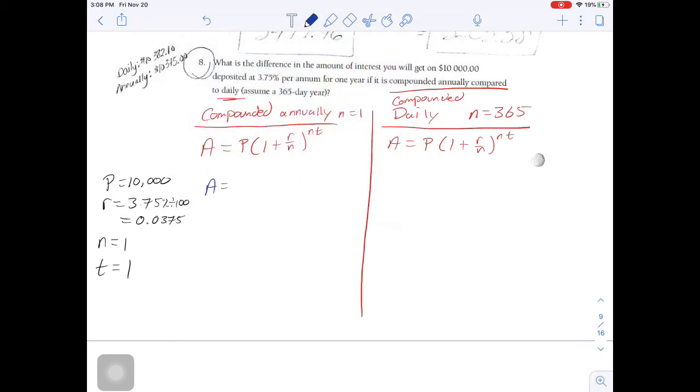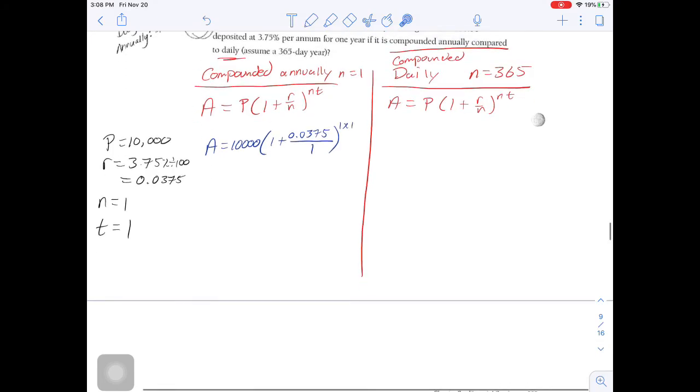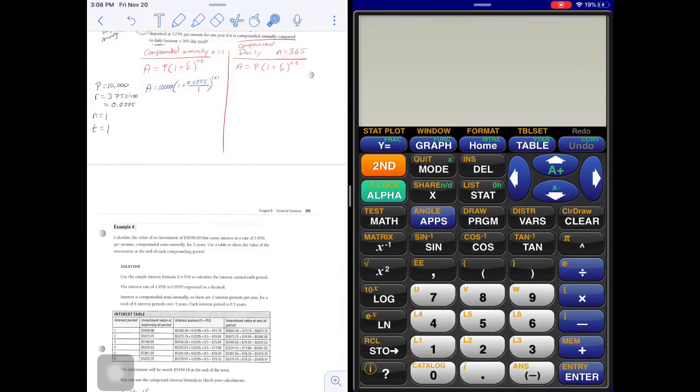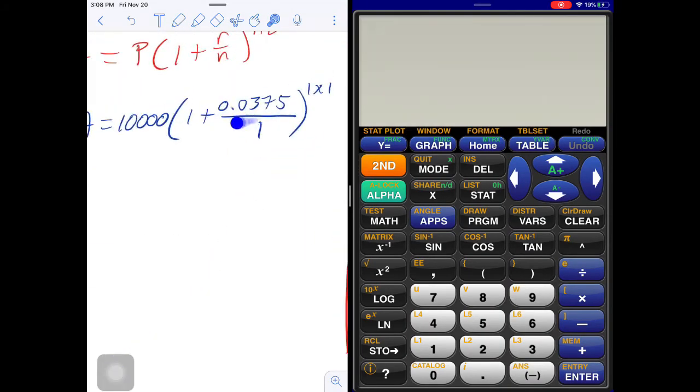So A equals P, which is 10 grand, times (1 plus R, so 0.0375, divided by 1) to the power of N, which was 1, times 1. So remember, figure out this mumbo jumbo inside, and then do the power. First off, I'm going to figure out what this number is.